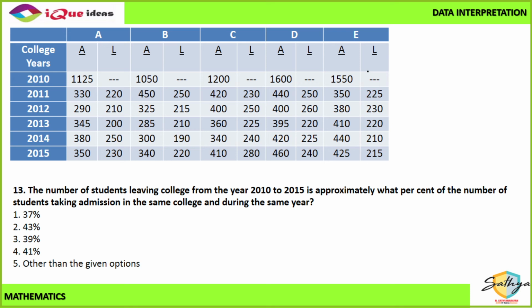Did you understand how to do it? Lot of calculations has to be done in this. But it's simply a matter of adding and adding. You add all the admissions, you add all the leavings, and you find the percentage.